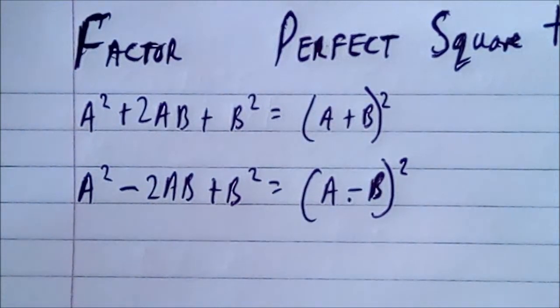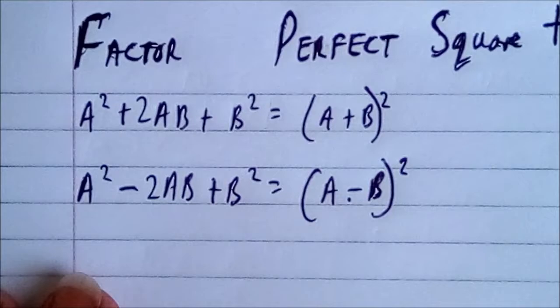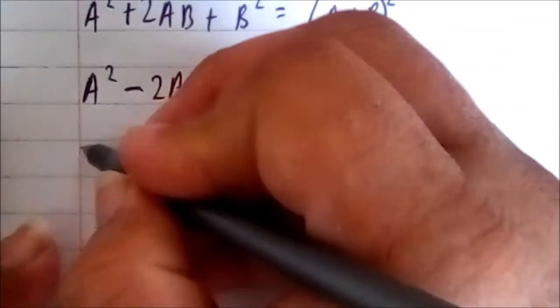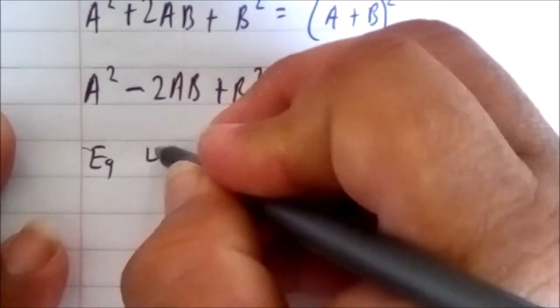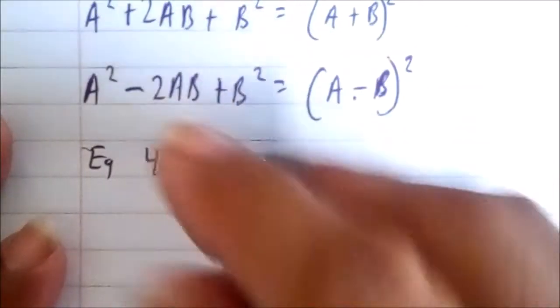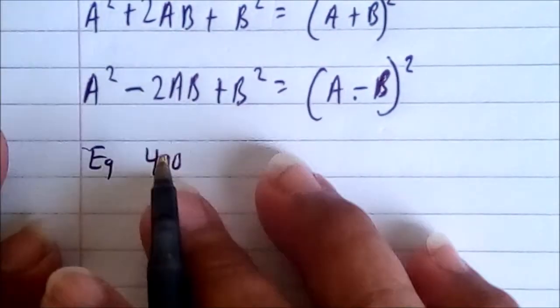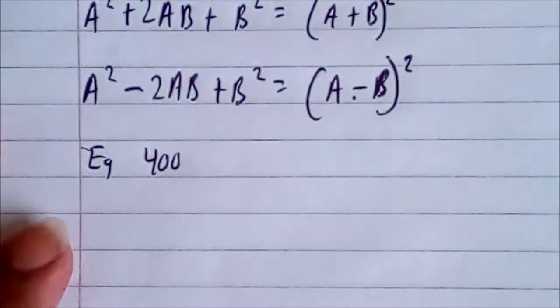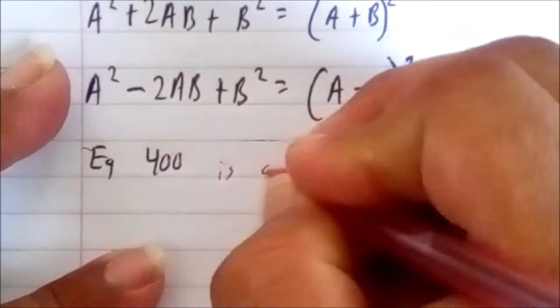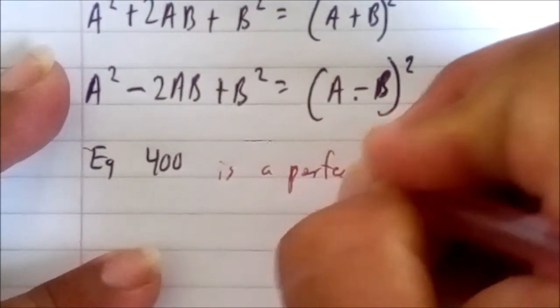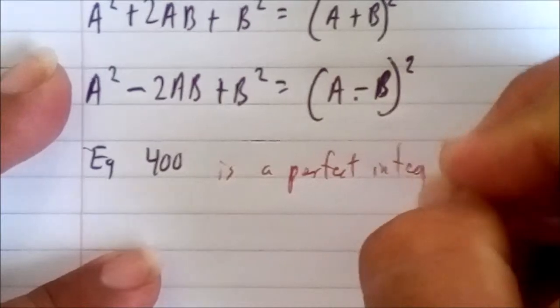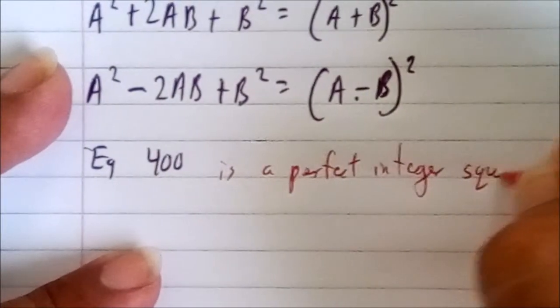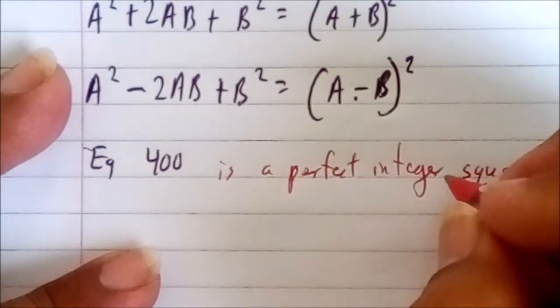What are perfect squares? Well, I just showed you a while ago. The number 400, for example, is a perfect integer square. Let me write that down. Now remember, perfect integer, very important.